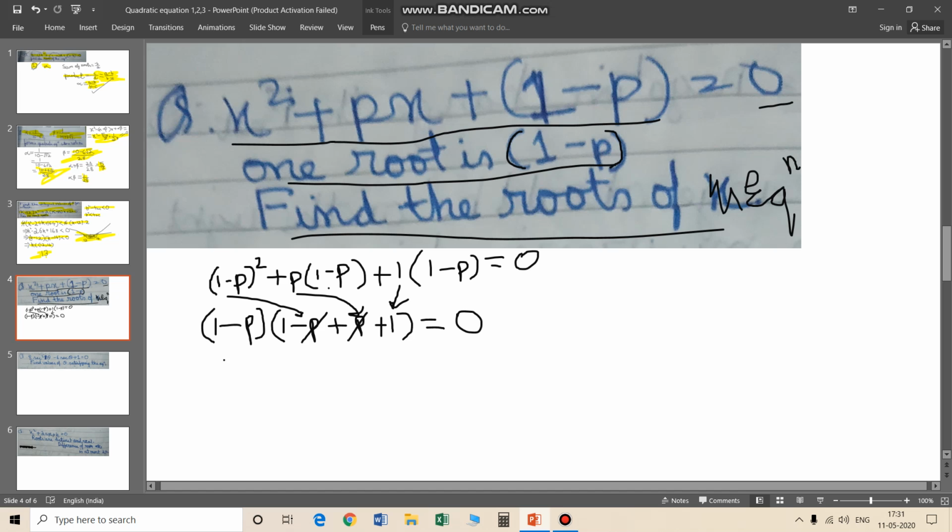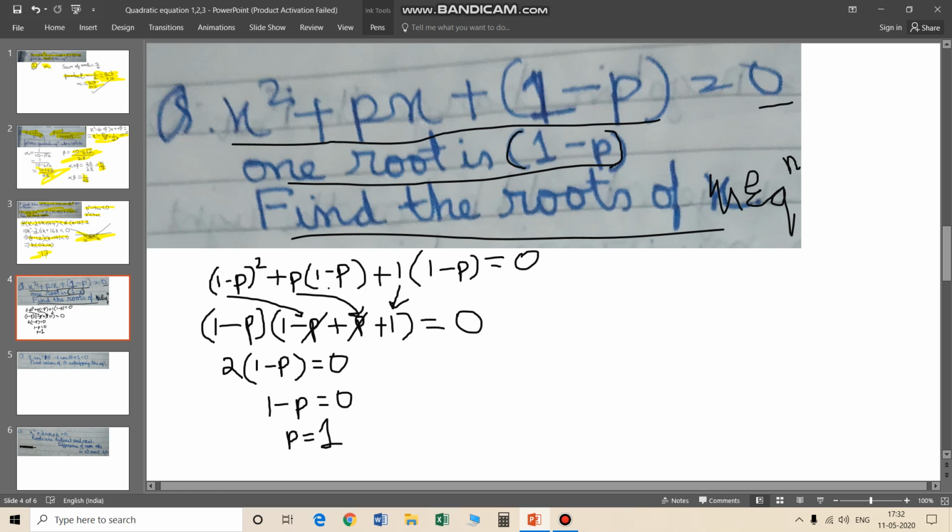This is 2, and 2 can't be 0. This is common sense, 2 can't be 0. Hence, the only possibility is 1 minus p is 0. Or you can use another logic. Divide by 2 here. We find 1 minus p equal to 0, from where we find the value of p to be 1.